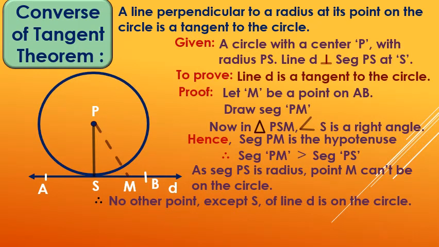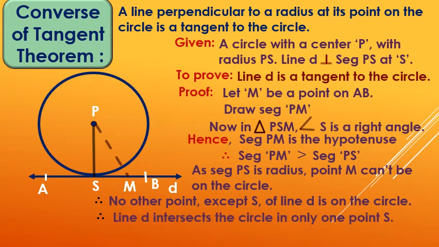Therefore, no other point except S of line D is on the circle. Right? Therefore, line D intersects the circle in only one point, that is S. Therefore, we can say line D is the tangent to the circle. Got this, students? This is converse of tangent theorem.